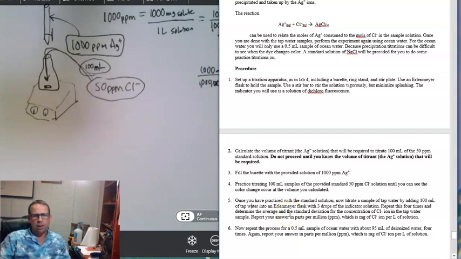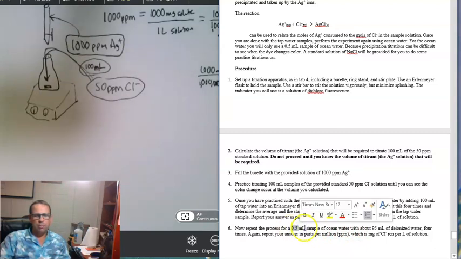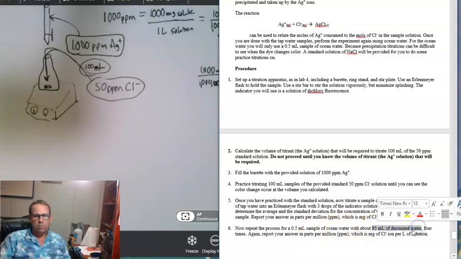And determine what the concentration of the chloride ion in tap water is. All right? And then after you're done with that, you're going to repeat the process, but you're going to use a sample of ocean water. And the ocean water is much higher in concentration of chloride ion, so we're going to be using only 1/2 milliliter of ocean water with 95 milliliters of deionized water.